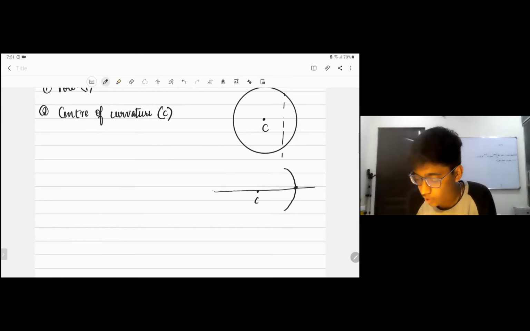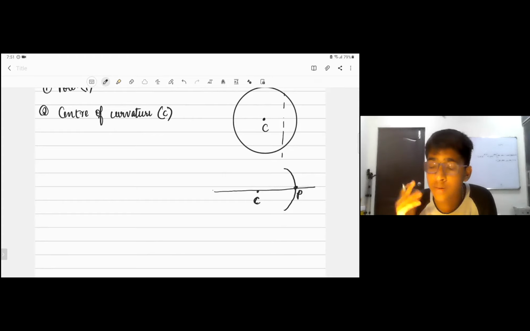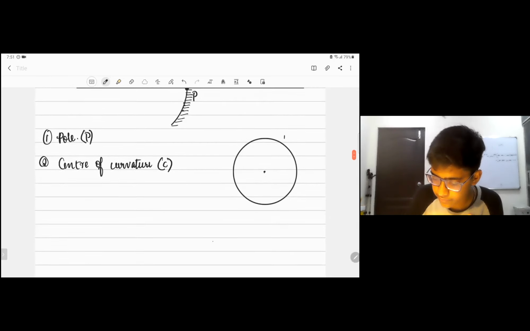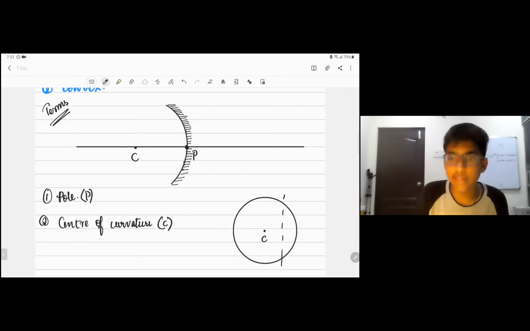This part is called pole, and this is called the center of curvature, meaning the center of the hollow sphere from which the spherical mirror is cut. Keep this diagram for reference. Therefore, this will be my center of curvature for this mirror.